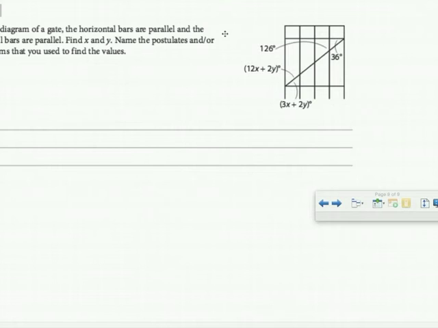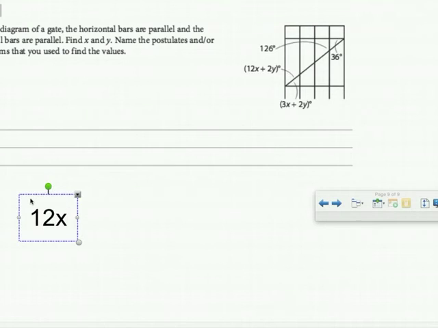In this example, we have these vertical lines that are parallel, these horizontal lines that are parallel, and then I have this transversal. This 126 is a same side interior angle to this 12x plus 2y.